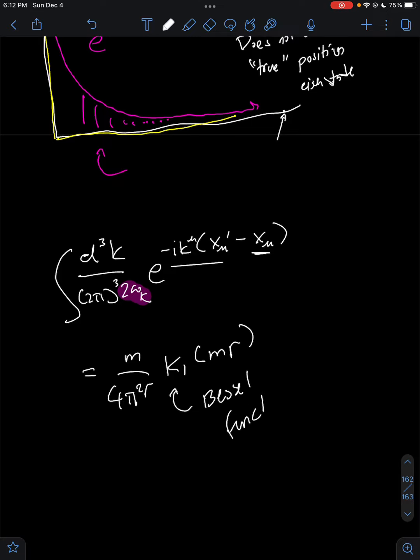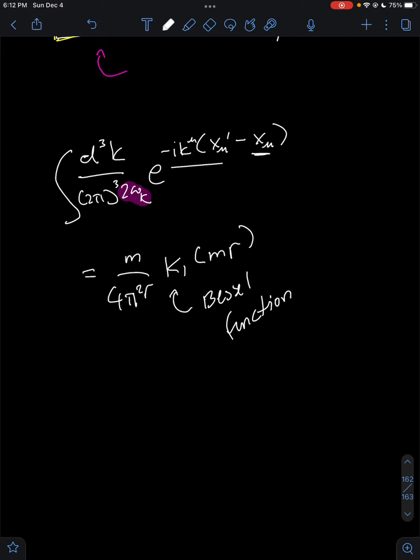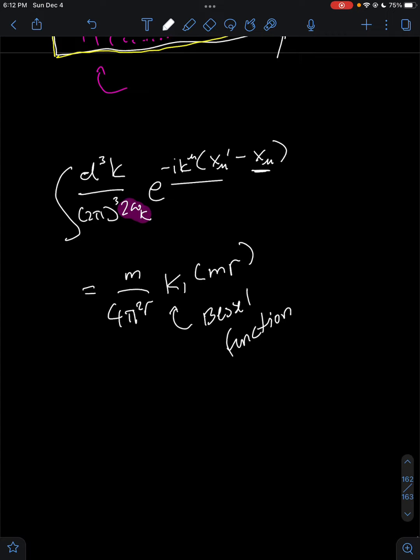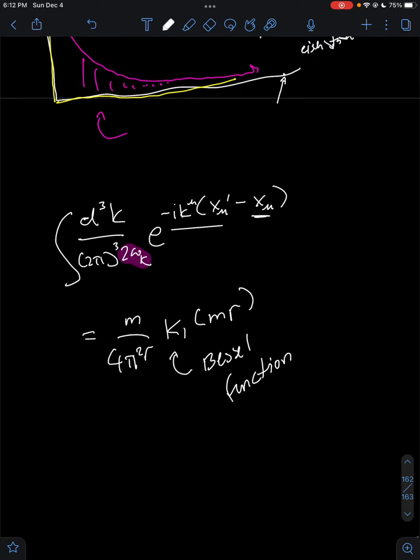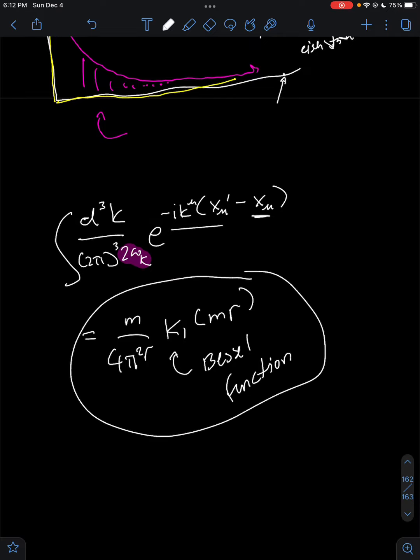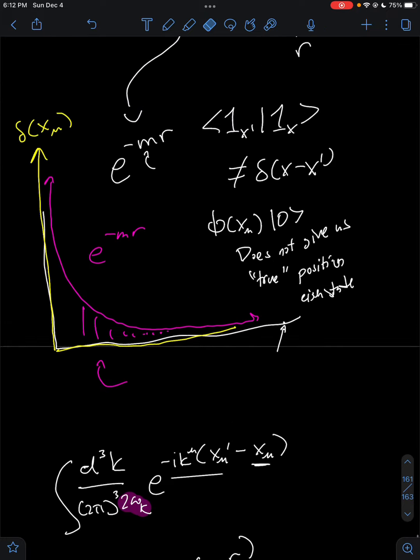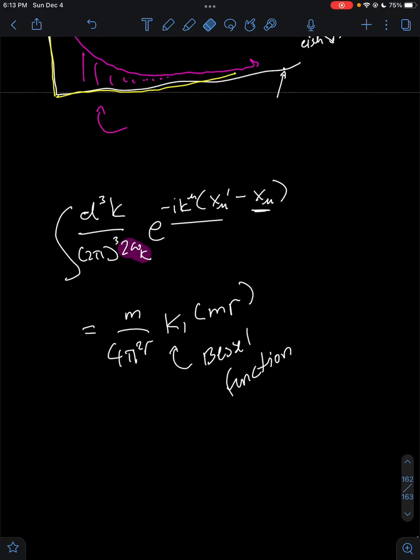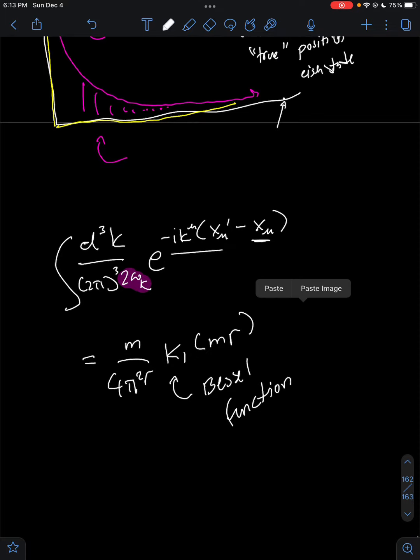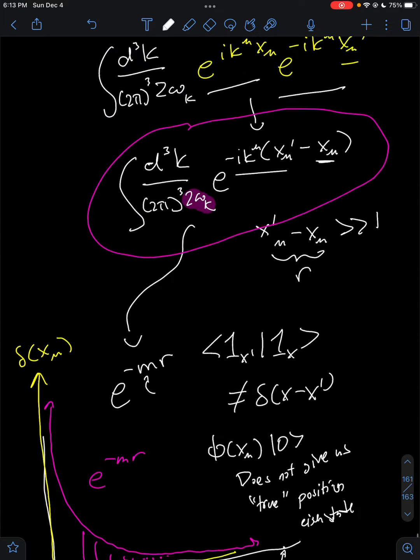We've actually encountered the Bessel function in our videos on the hydrogen atom. And the Bessel function can't be written in terms of elementary functions. So if you know what a Bessel function is, this might be illuminating. If you don't know what it is, well then, it doesn't really give much. But that's the actual solution to the integral, and it's not a delta function. That's what really matters here.